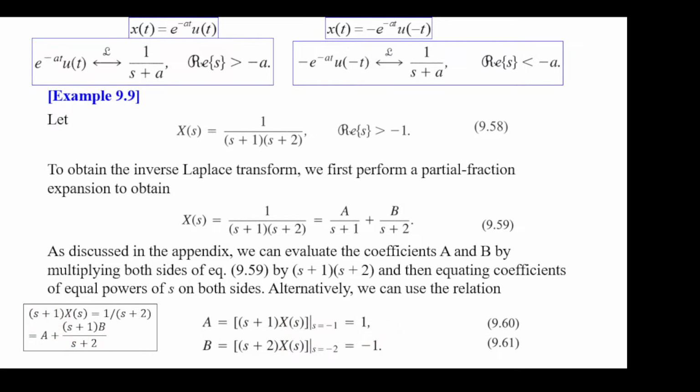Similarly, you can multiply both sides by s plus 2 and set s equal to -2. Then you get b equal to -1. You can also multiply out and get a and b that way.